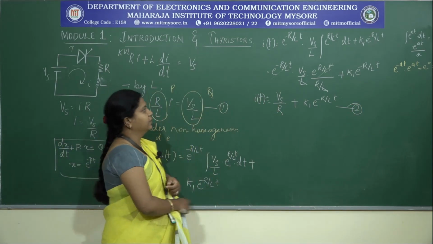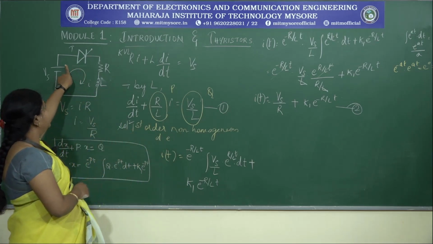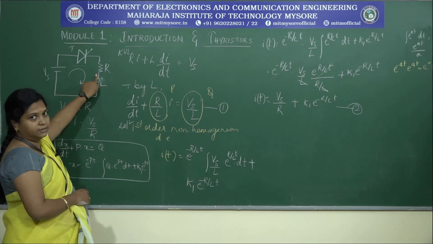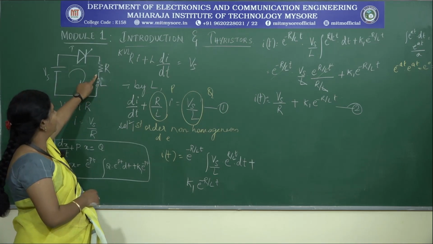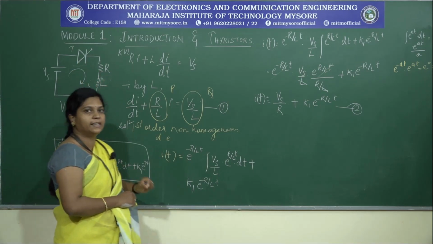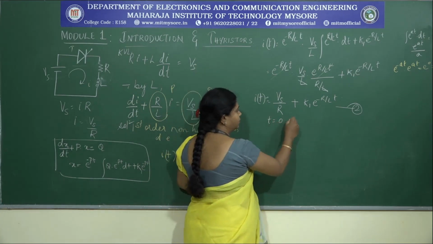Followed? Next, let us consider the initial condition. Let us say at the instant when you are applying the voltage at time 0, what will happen to the current? Current in the inductor will initially be 0 at the instant of time t is equal to 0.